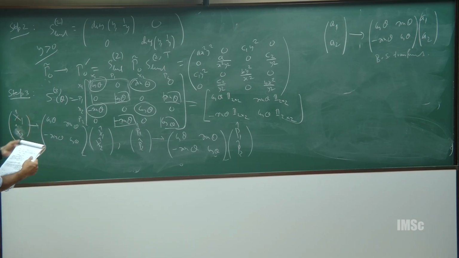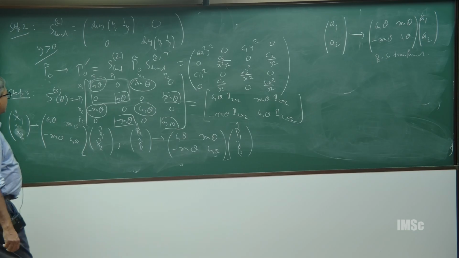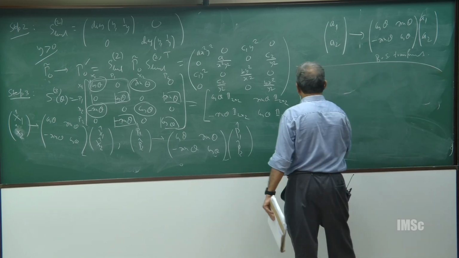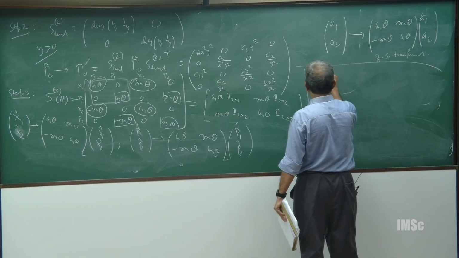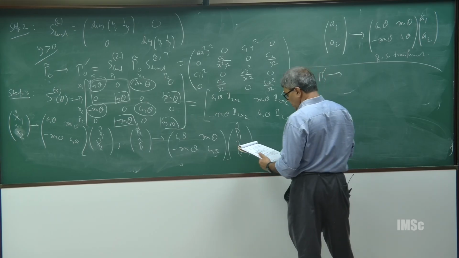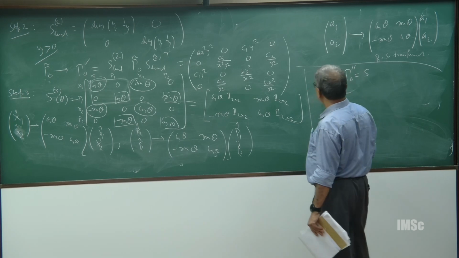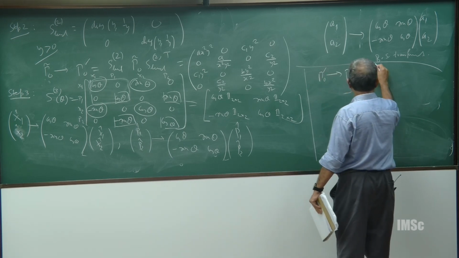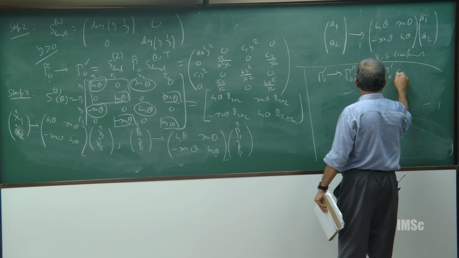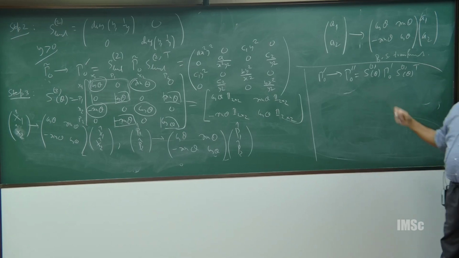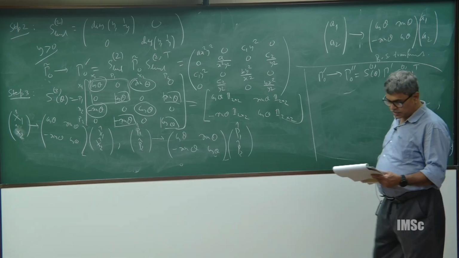So, now what I want is, this is gamma 0 prime. So, what we want is to see this gamma 0 prime will go to, let me call it gamma 0 double prime, which is S 3 theta gamma 0 prime S 3 theta transpose, right. This is the transformation you will have. Okay.